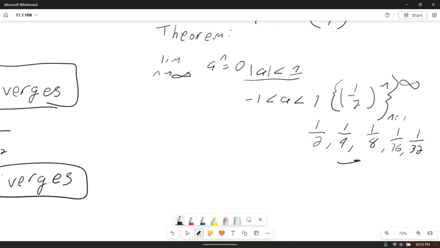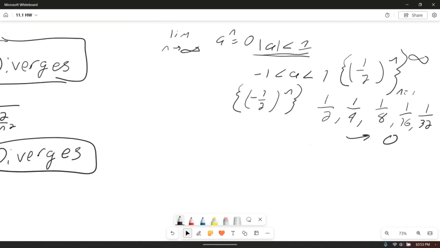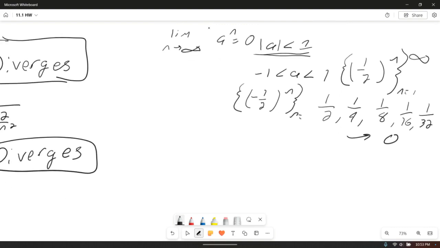These are all getting closer and closer to 0. And then there's another theorem. The reason why I say absolute value is that it could be like -1/2 to the n. If I don't put bounds here, by convention it's assumed that n starts at 1 and goes towards infinity.